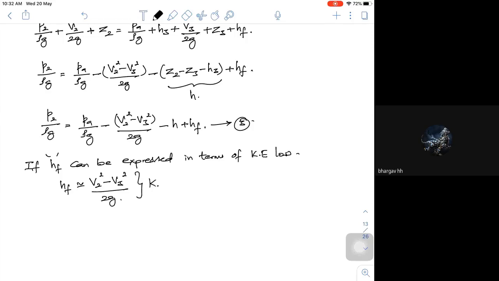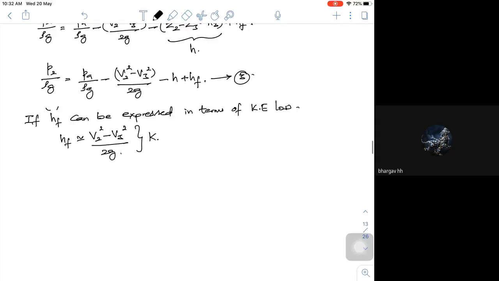If I take that as some K, a percentage of that particular thing, say 10% of the kinetic energy, then expression 3 can be simplified. So I can write it as P2 by rho g is equal to PA by rho g minus H minus of 1 minus K into V2 square minus V3 square by 2g.